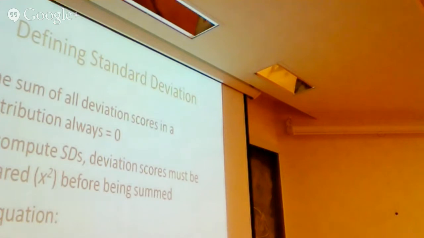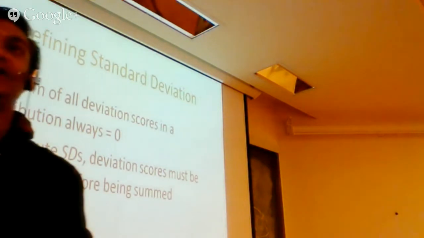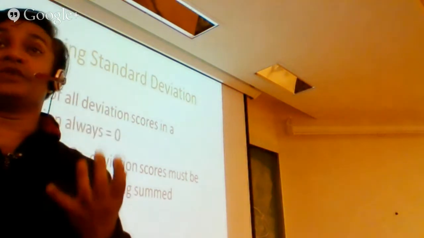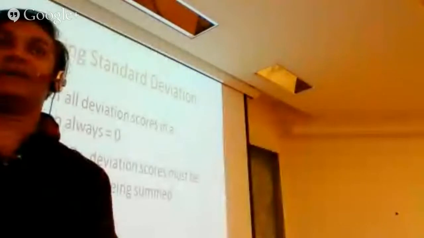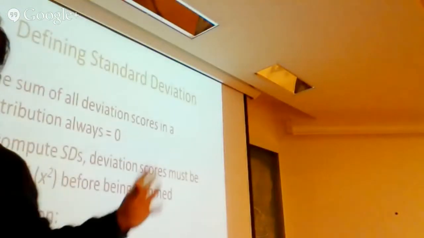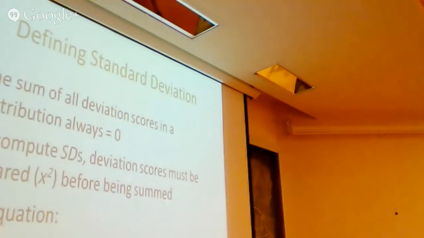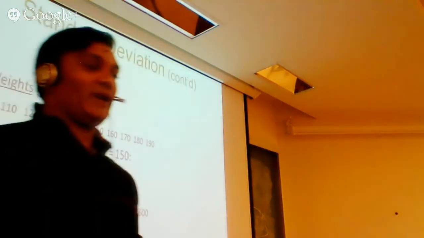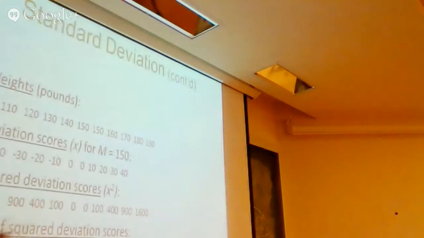All you need to know to do these questions is that for your sample, the standard deviation is the square root of the sum of the squares of the deviants divided by n minus 1. For the parameter, it's the sum of the squares of deviants divided by n. Okay, so here's our example again. Here are our weights. Deviation scores again are this, right?